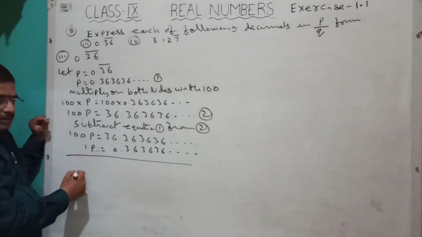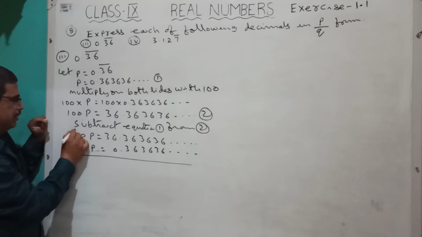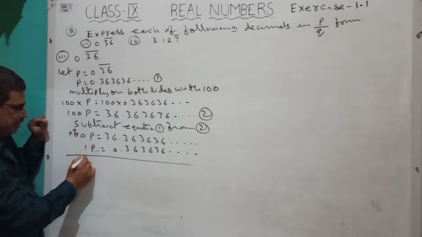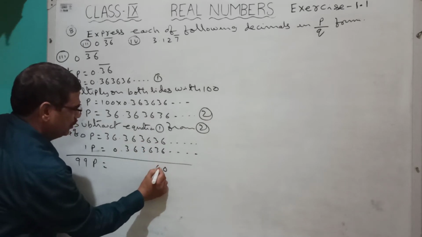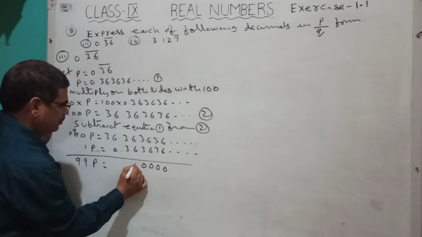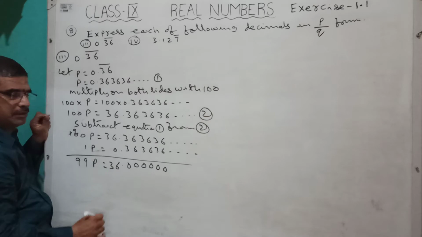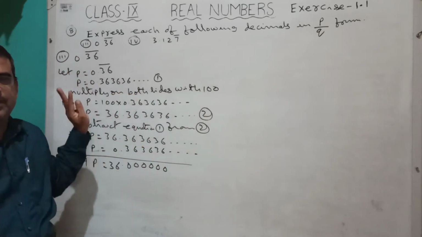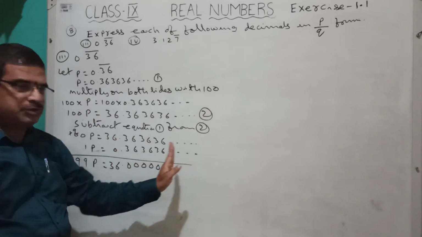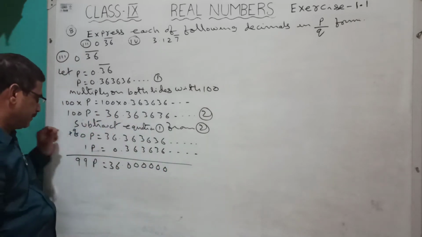So here, on the left side 0 is there, on the right side 36, 36, 36, and so on. We are subtracting the numbers. 0 minus 1 is 10 minus 1, that is 9. Here also 9. So 99 P is equal to 36. To make zeros after the decimal point, we are following this method. This is the procedure.